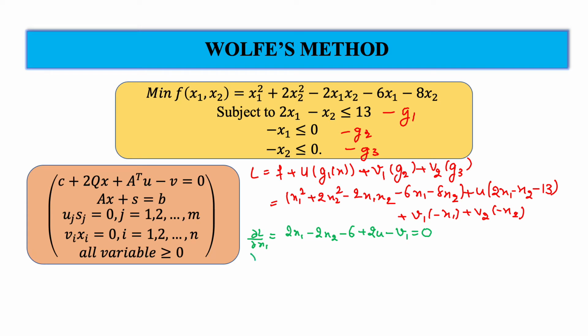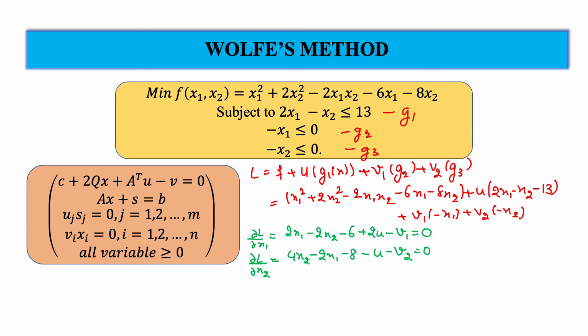Next, differentiating the Lagrange function with respect to x2, we get 4x2 minus 2x1 minus 8 minus u minus v2 equals 0. So these are the two conditions.